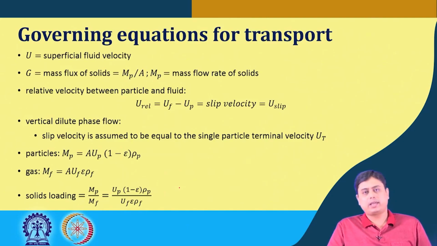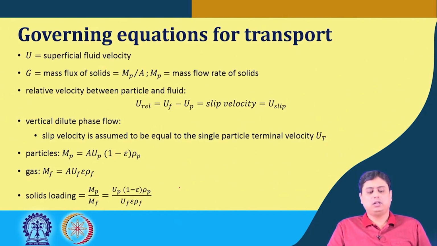In most cases, the common nomenclature followed in fluidized beds or this kind of transport is that U typically denotes the superficial gas velocity. So if you remember that, the forthcoming slides will mention the superficial velocity simply as U.